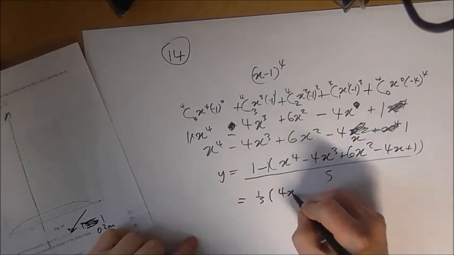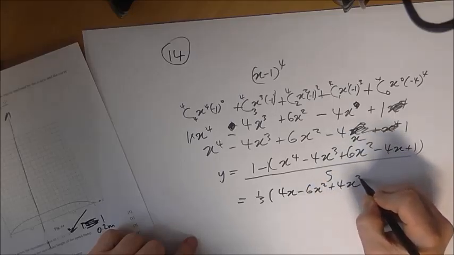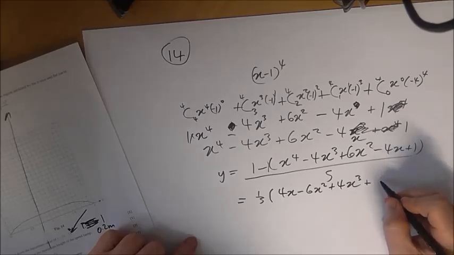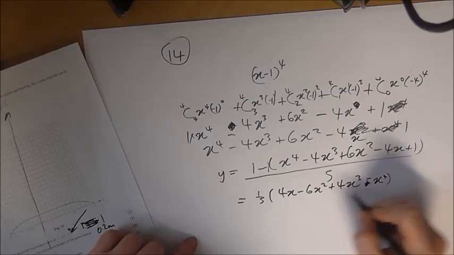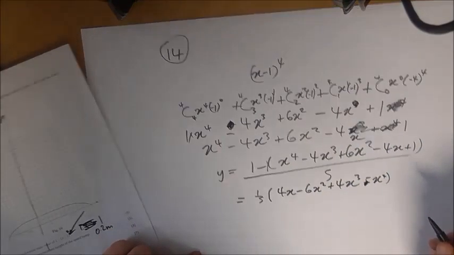So it'll be 4x minus 6x squared plus 4x cubed minus x to the power of 4. And that's what it's asked to show.